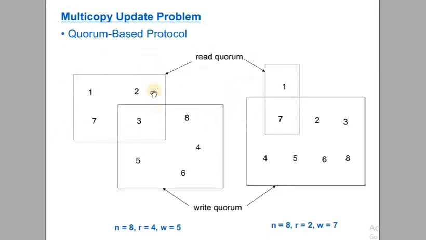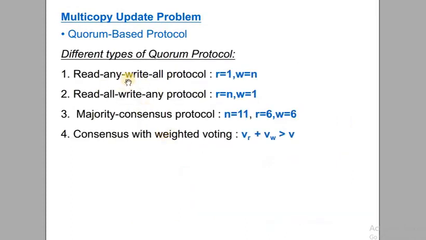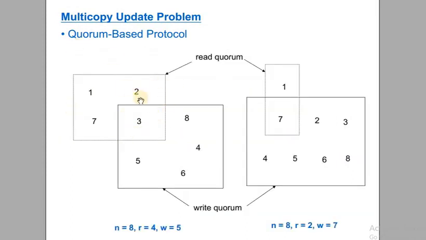Okay, if you want to make this a read any and write all protocol, then what will happen is maybe this one is in the read quorum and the entire cluster of files is the write quorum. Okay, similarly here maybe we can take one as the read quorum and all the files as the write quorum.